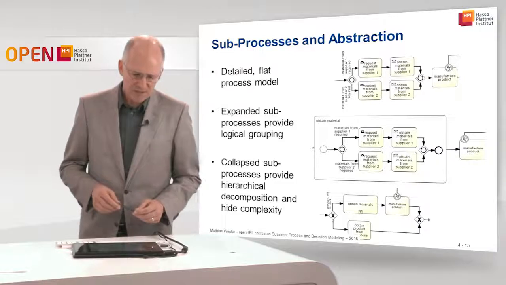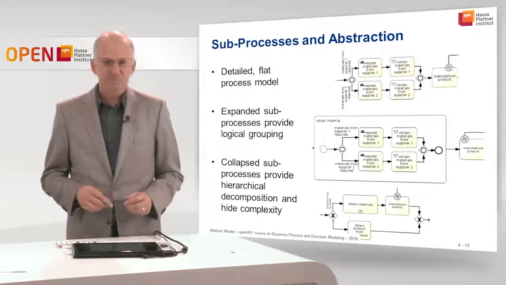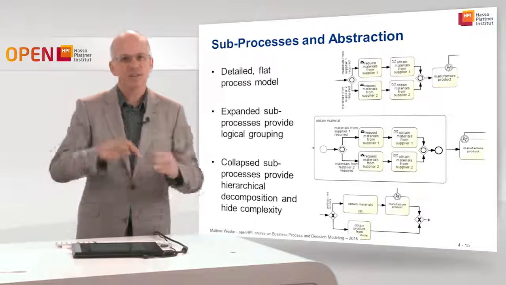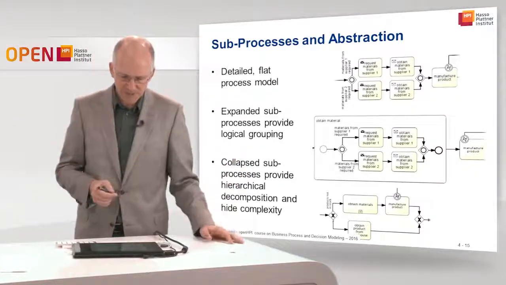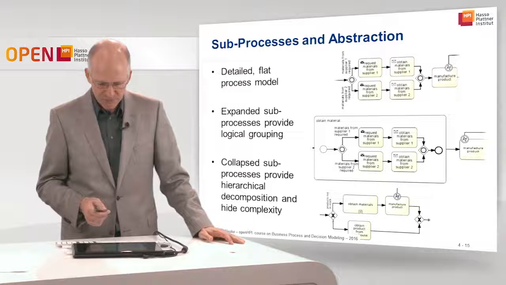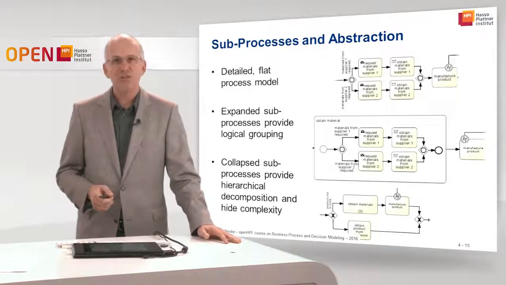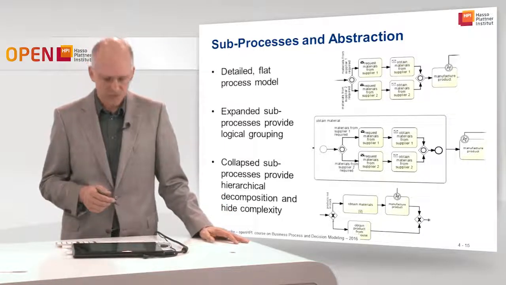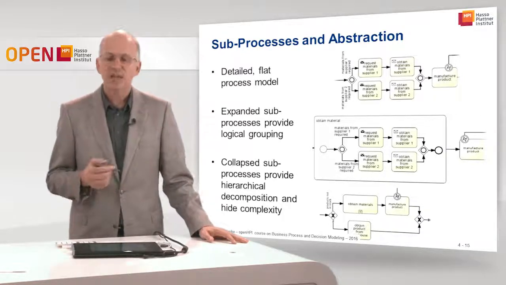All right, let's talk a little bit about sub-processes and abstraction. First of all, we started out with a detailed, so-called flat process model. It does not have the hierarchical structure, therefore we can call it a flat process model. We can have expanded sub-processes that provide a logical grouping of parts of the process that logically belong together. And we can have a collapsed sub-process that provides a hierarchical decomposition and that really hides the complexity.